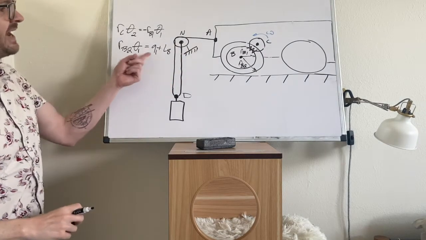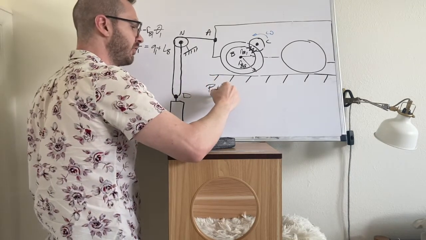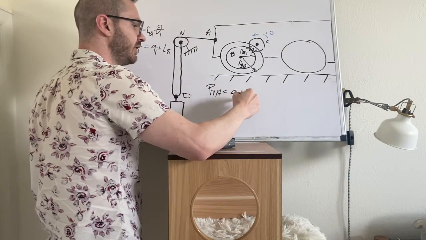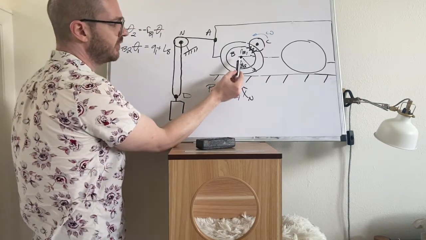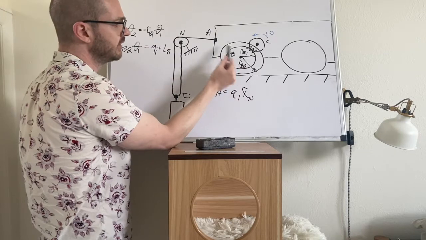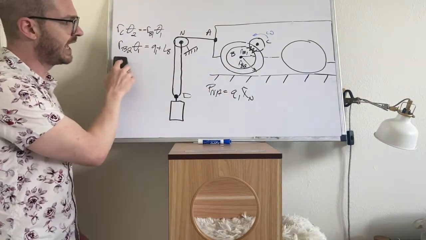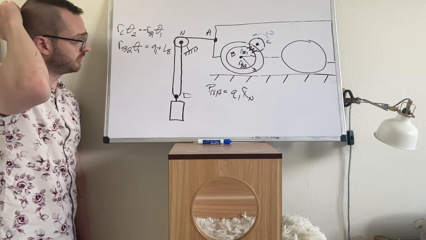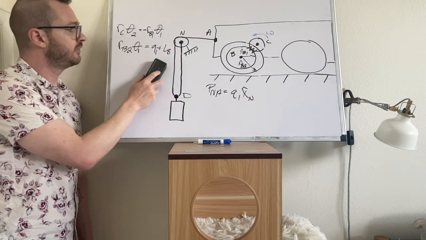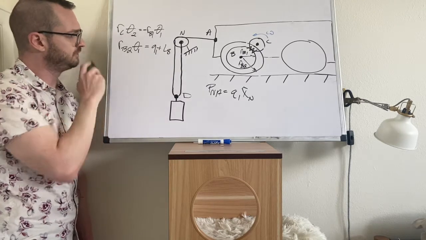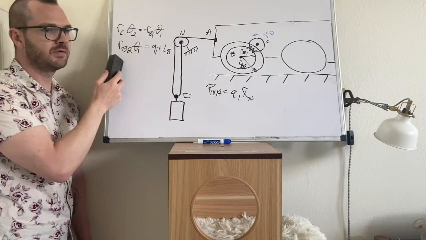Now, why did I add a little bit to this? If you recall the position vector from before, we said P into A was Q1, X hat N. That's not actually where this wheel is, though. The wheel's actually a little bit in front of it. But here's the interesting thing that happens with this rolling constraint. You can add some offsets to these if you really need to keep track of positions, etc. But consider, we're going to take derivatives of this.